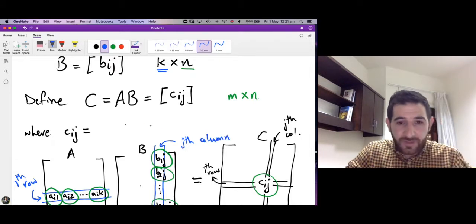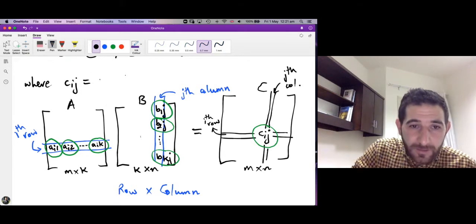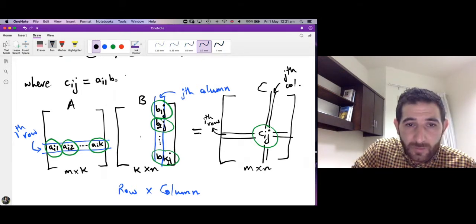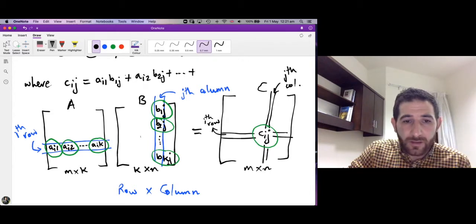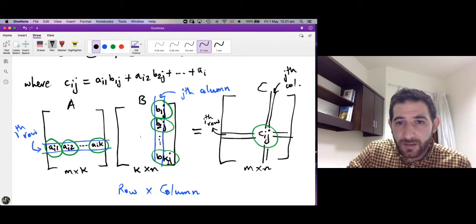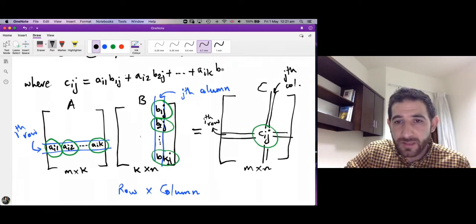Okay, now from this picture, what is Cij? Cij is AI1 times B1J plus AI2 times B2J plus and so on until the last entry in the ith row of A, which is AIK times the last entry in the jth column of B, which is BKJ.